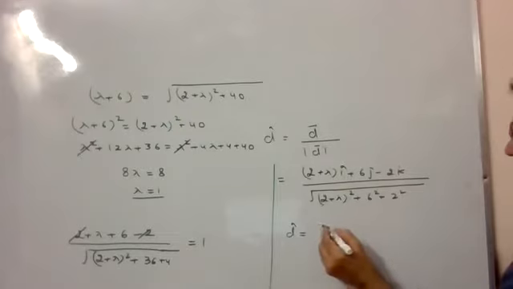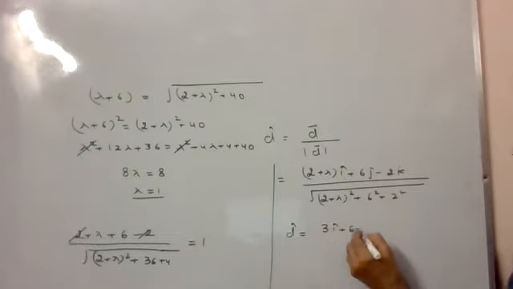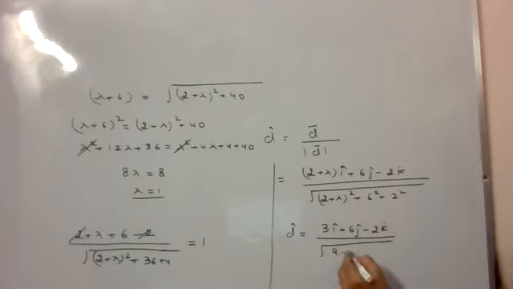So 2 plus 1, it will be 3i plus 6j minus 2k by under root of 3 square, 9, plus 36, plus 4, 7 आ जाएगा. So I got the answer: (3i plus 6j minus 2k) by 7.